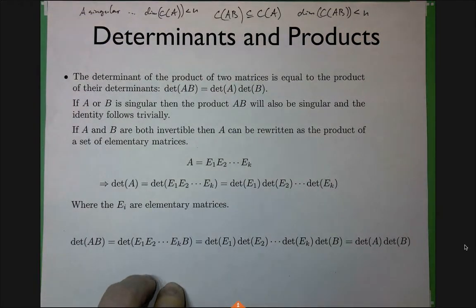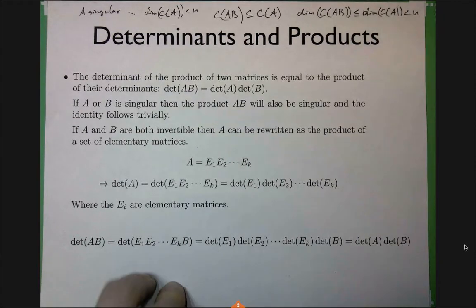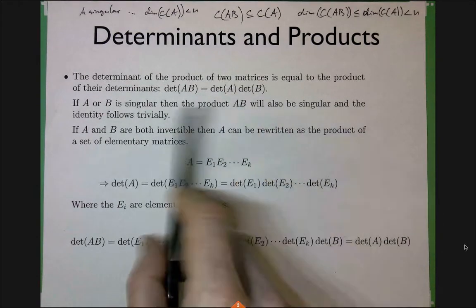It has to be less than or equal to the dimension of the column space of A, which is less than n. So definitely if A is singular, then AB is singular, and that's why this formula is true in this case.